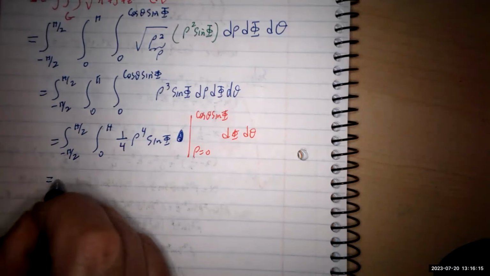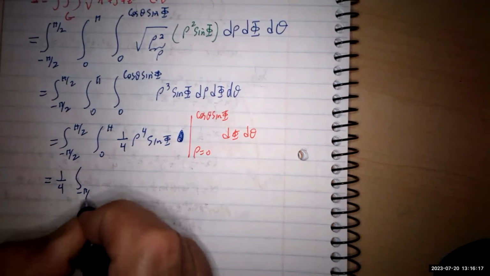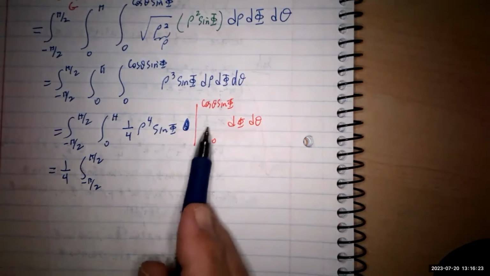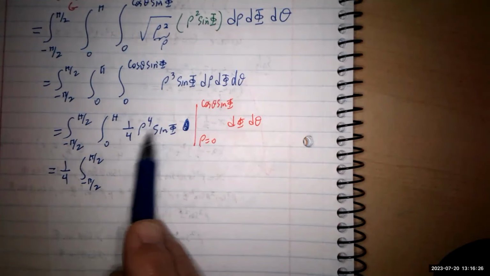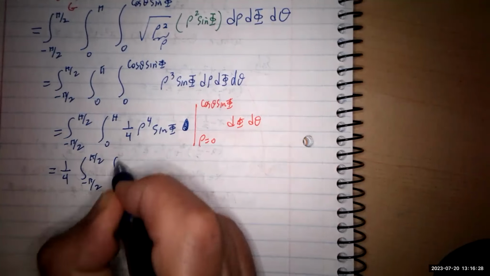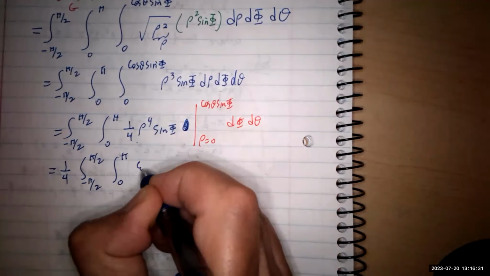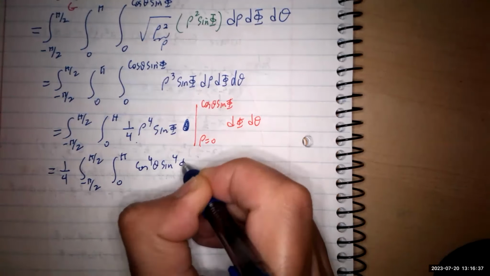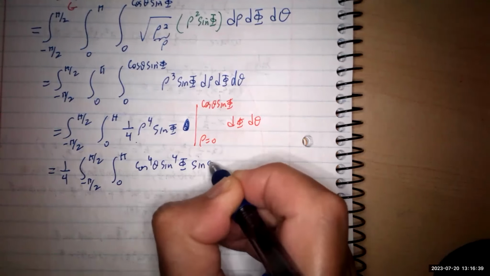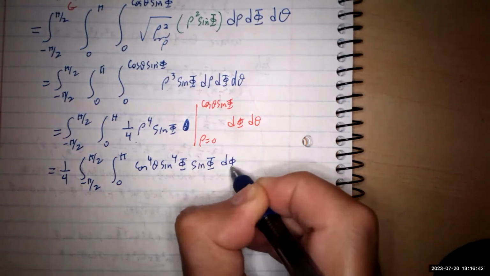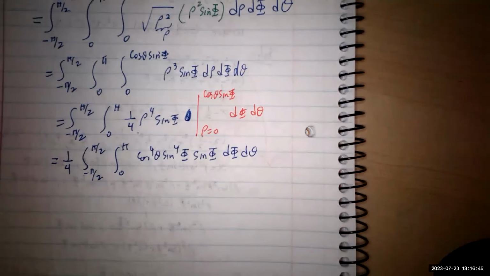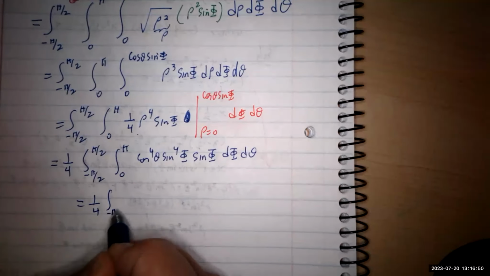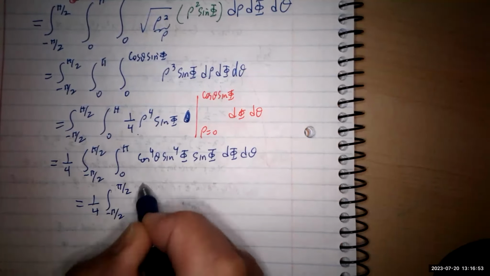I can pull out the quarter. If you substitute the top one, that gives you cosine to the fourth of theta, sine to the fourth of phi. Then you have the sine of phi extra. Then you want to integrate with respect to phi and theta. So that gives sine to the fifth, with theta from negative pi half to pi half and phi from 0 to pi.